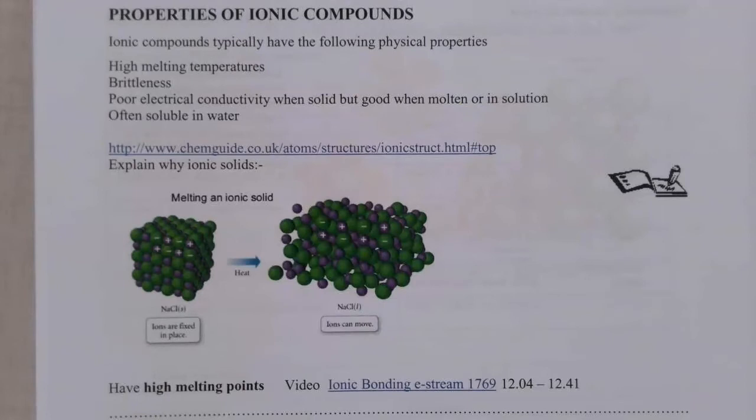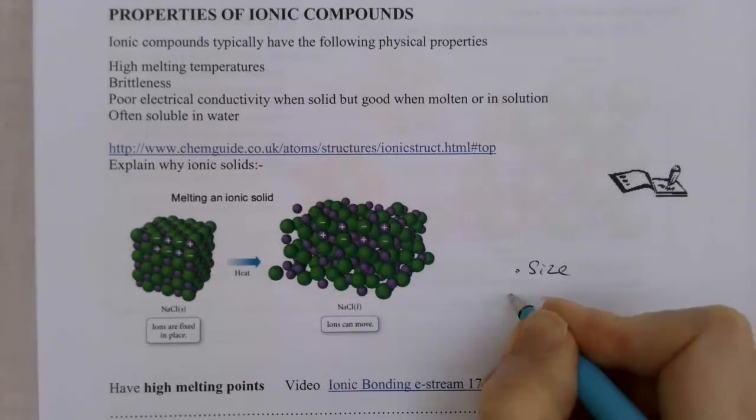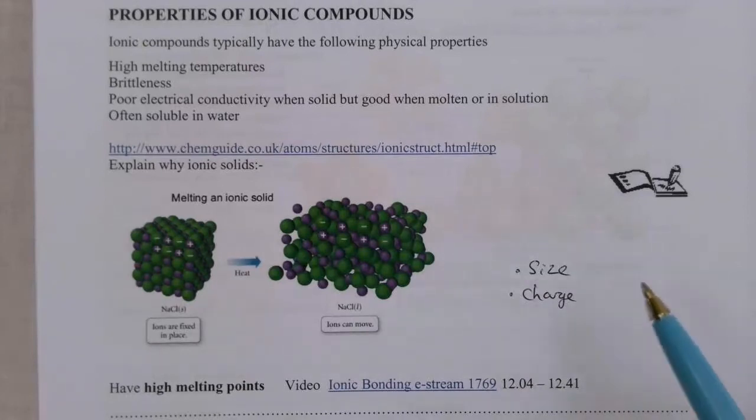So in this section of the notes we're going to look at the properties of the ionic compounds, and this is determined by the strength of the ionic bonding, which we talked about in the previous video. So there are two things we always need to consider. One is the size and the other is the charge of the ions, and those are what are going to determine the melting and the boiling points.